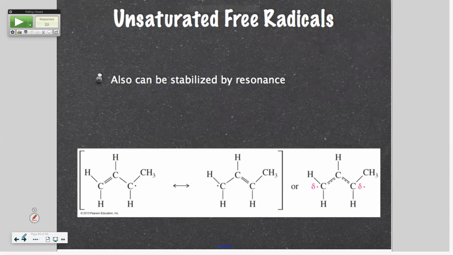All right, so here is unsaturated free radicals. Okay, they can be stabilized by resonance. So how would you write the arrows for that? Well, how does it work with free radicals?